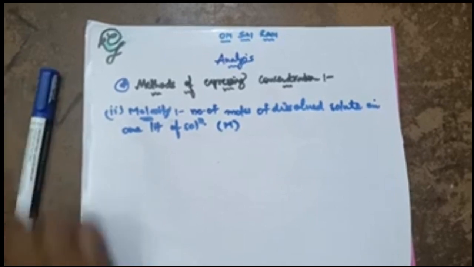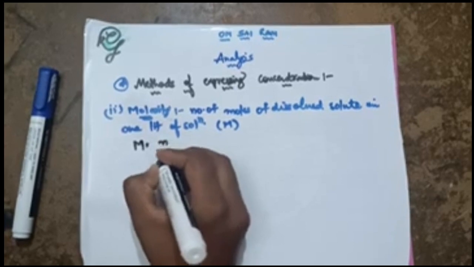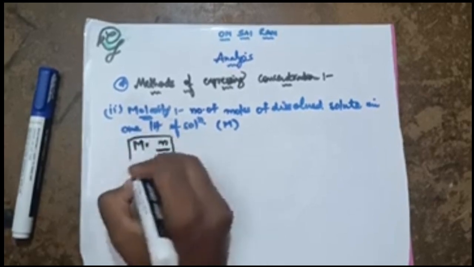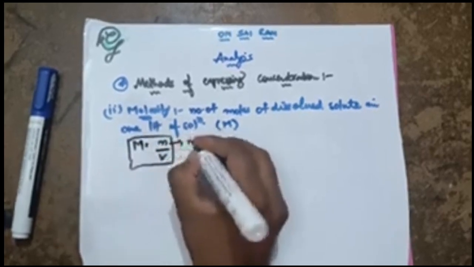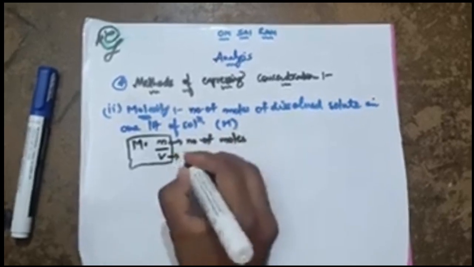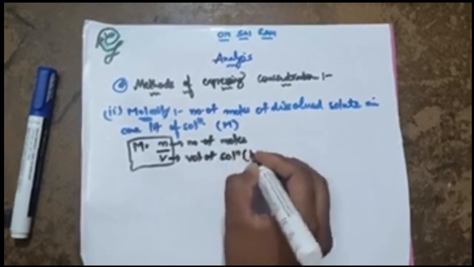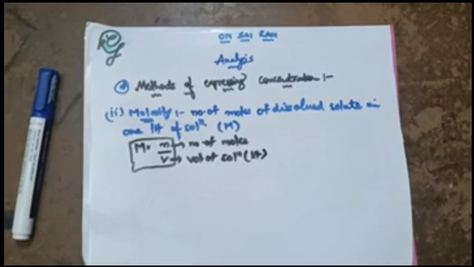The formula is M is equal to N by V, where N is the number of moles and V is the volume of solution, usually in liters.